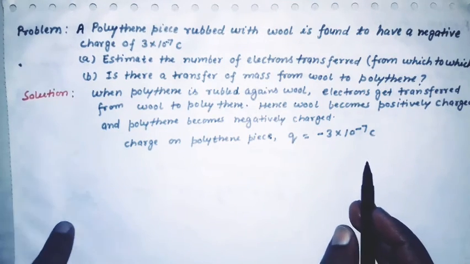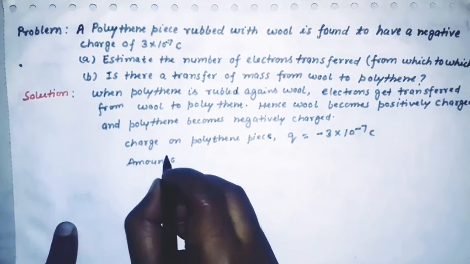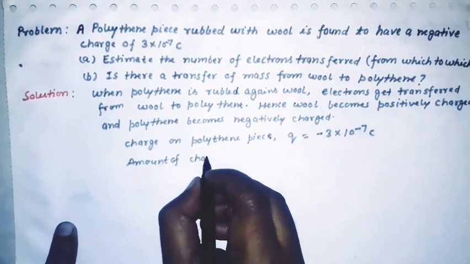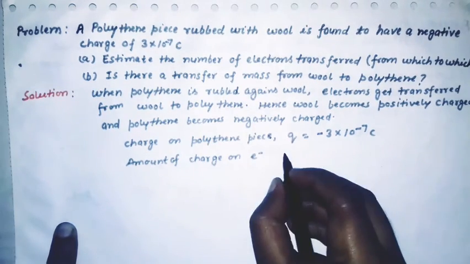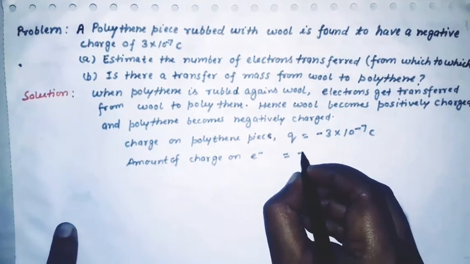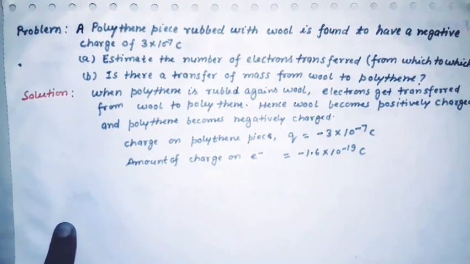And we know that amount of charge on an electron is minus 1.6 into 10 to the power minus 19 coulomb.